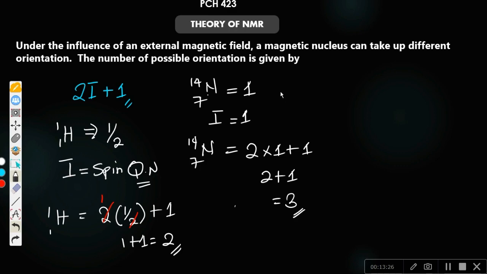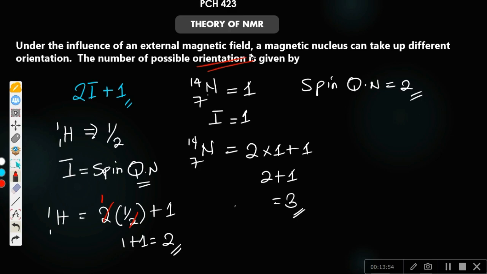Now, just try. Let's say a molecule was given to you and the spin quantum number was given as 2, and the question says, find the number of possible orientations. What do you think the answer will be? You use the formula 2I plus 1, where I is the spin quantum number.